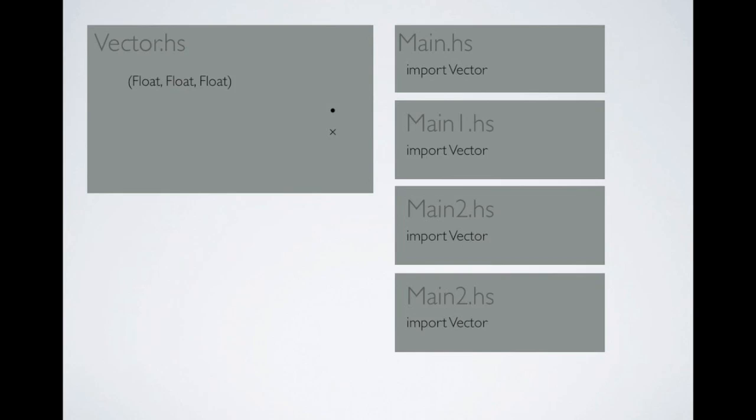Now let me just put in one more float in there. And the moment you do that, all the code that you had written previously, main.hs, main1.hs, main2.hs, and so on, all of them break down. They don't work anymore, because now vector.hs assumes that you have a 4 tuple instead of a 3 tuple, and that's a problem.